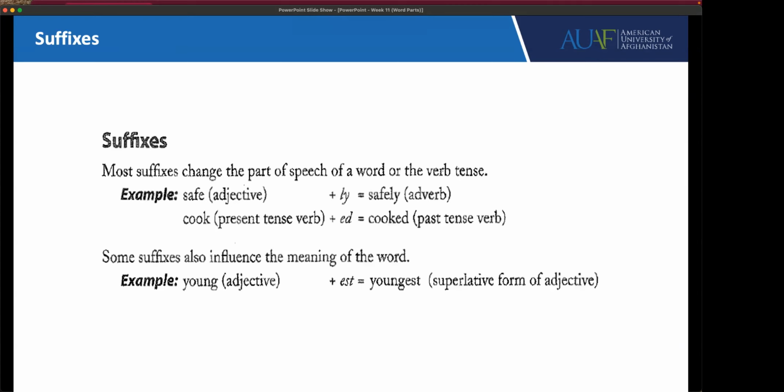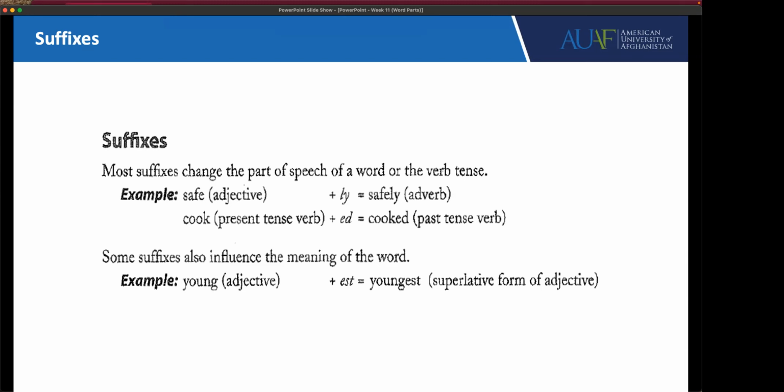Masoma, you want to read this for me? Yes, suffixes. Most suffixes change the part of speech of a word or the verb tense. Example, safe is an adjective, and plus ly, it is safely, it changed to adverb. And cook, present tense verb, plus ed, equals cooked, it's past, it changed to past tense verb.